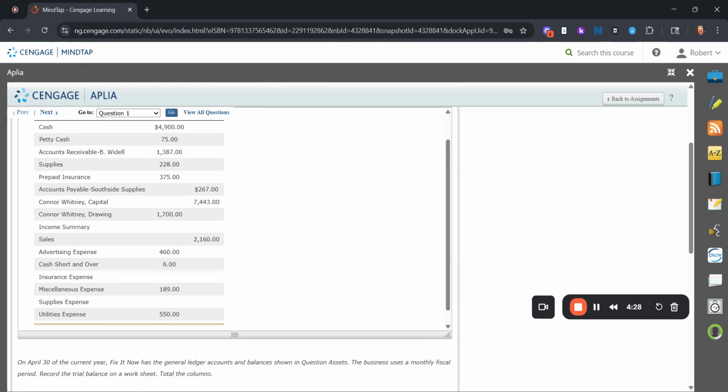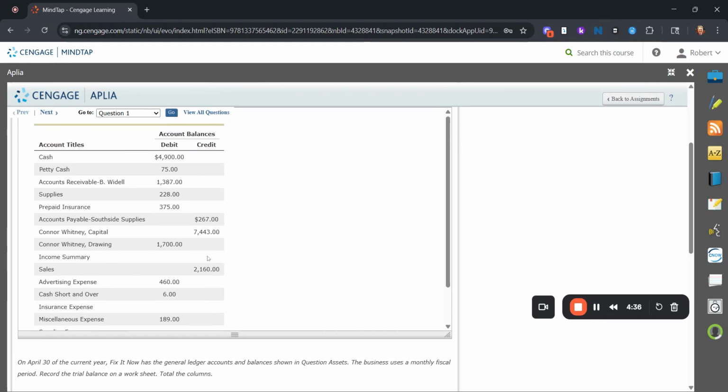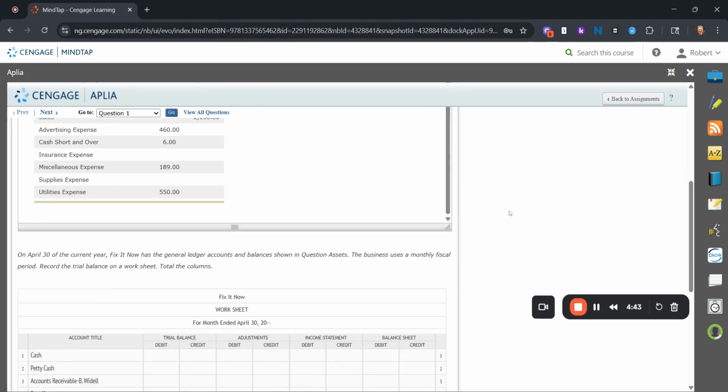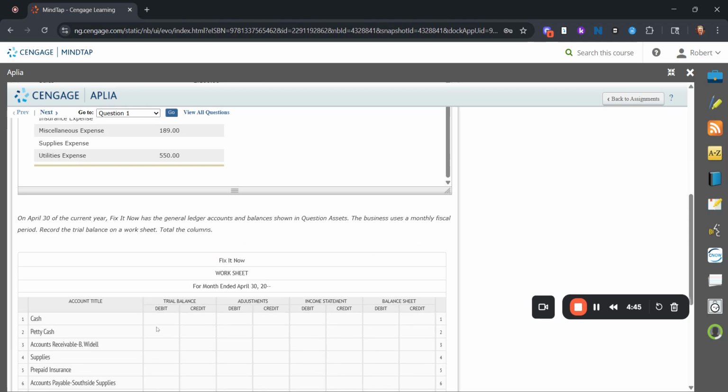So for all of these accounts, we just need to fill in the cells on the worksheet with the information that's given to us. It even shows us the debit side and the credit side. So we just need to fill in those same amounts down here on the worksheet.